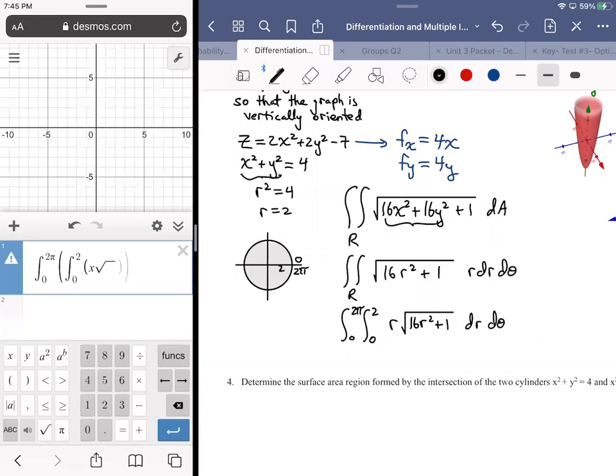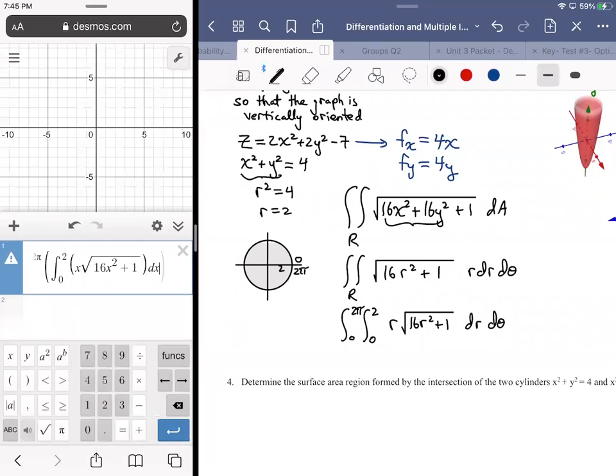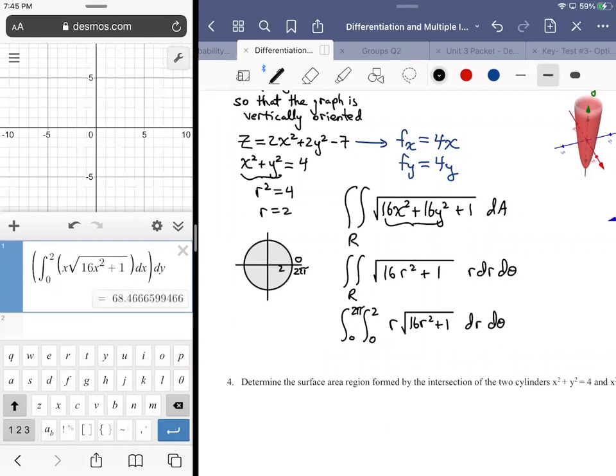X root 16 x squared plus 1. Close it up. Dx, because that's taking on the role of r. Close it up. Dy. Let me get this. 64.467 approximately.